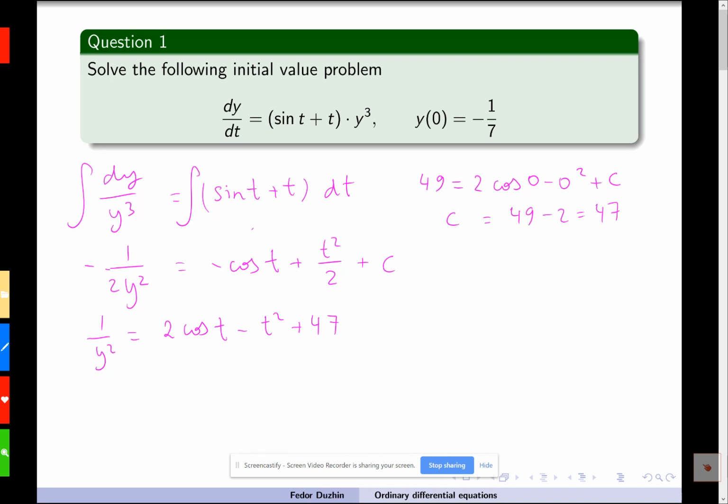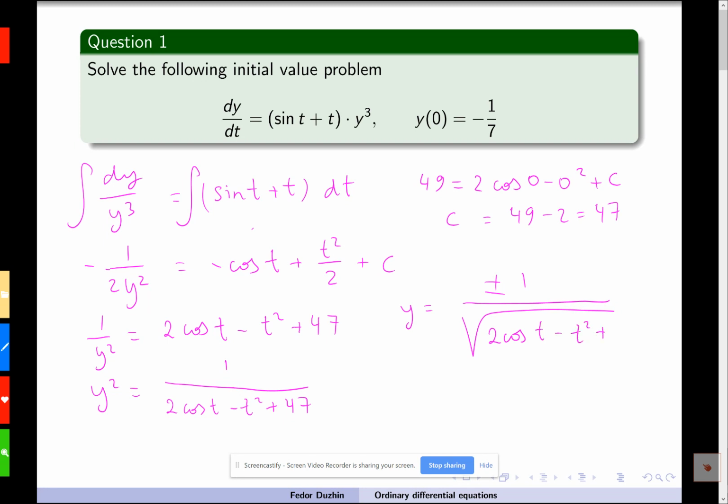So this is 1 over y squared, which means that y squared is going to be the reciprocal of this, 1 over 2 cosine t minus t squared plus 47. Which means that y is going to be plus or minus the square root of this, 2 cosine t minus t squared plus 47.